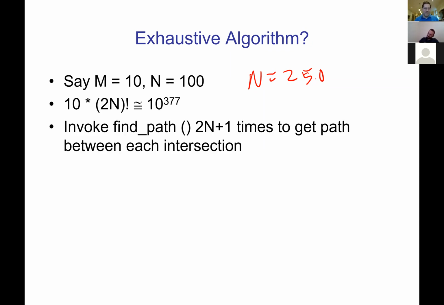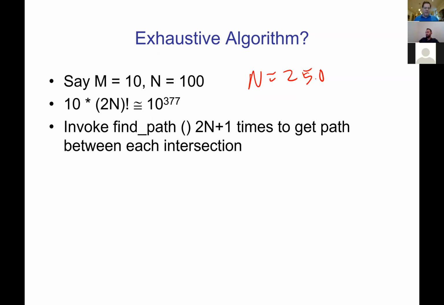Let's put this in context. Let's say that every time I come up with a possible ordering, I'm going to invoke find path between all of those intersections in the right order to figure out the travel time. Tell me how to get between all these things, tell me the travel time, add it all up, and now I know the time for that order. I can say whether it's better or worse than what I found before.